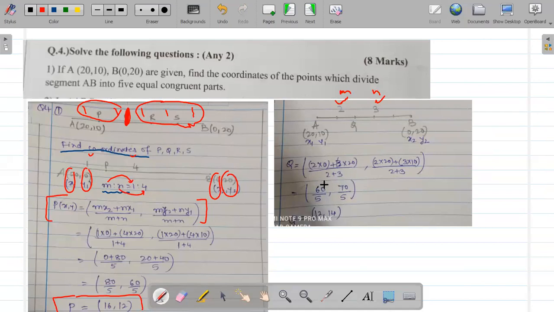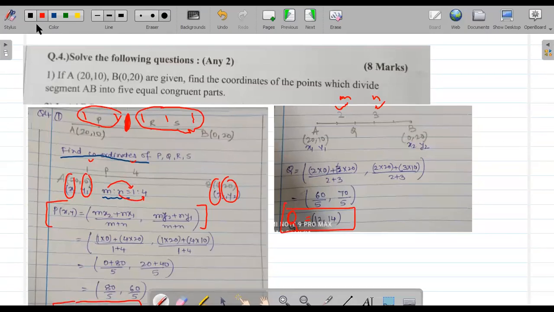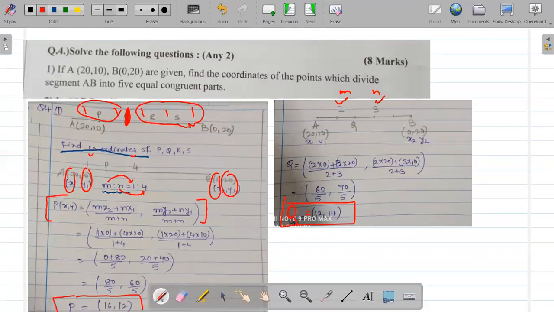Just replacing the values and solving gives you the value of Q, which is X is 12 and Y is 14. Likewise, we go on simplifying to find R and S.